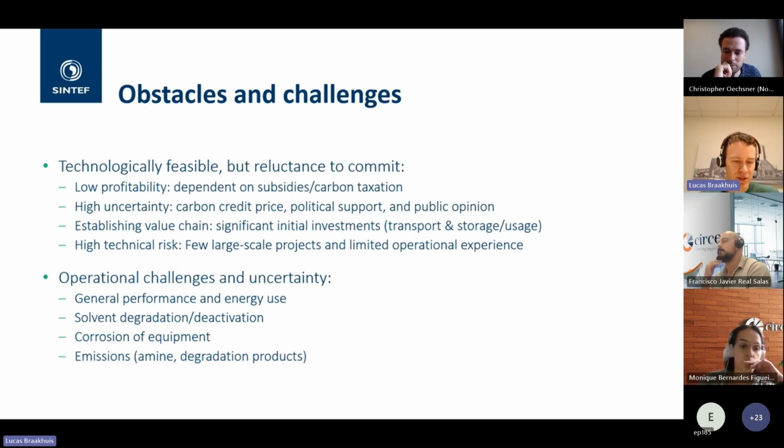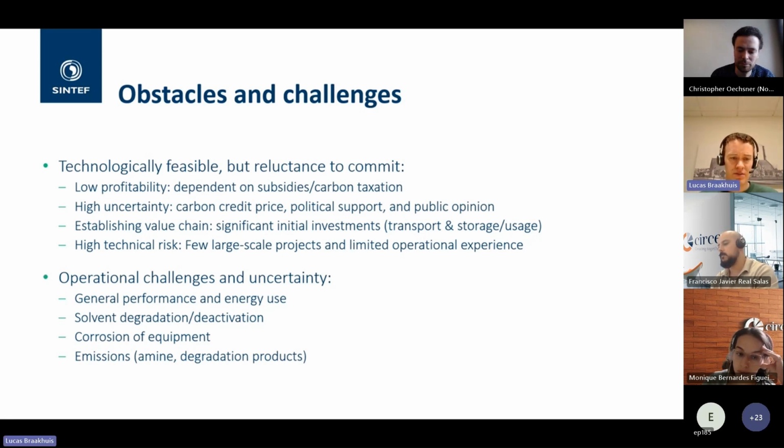It's important also to monitor corrosion of equipment, and seeing how that affects dissolved metals in the solvent and if the material and the equipment will remain. And then finally, an important topic is emissions. And here it's not necessarily the CO2 emissions in the flue gas, but mostly amine emissions, so solvent emissions, and some of the degradation products that can be emitted.